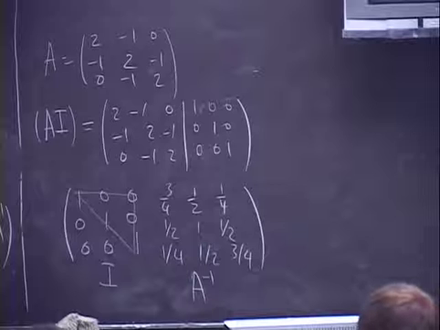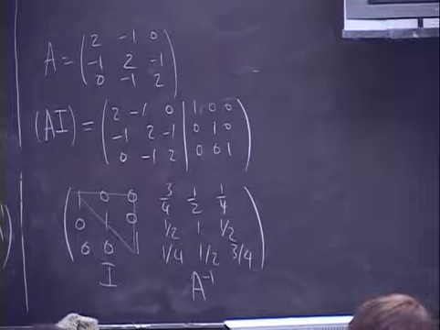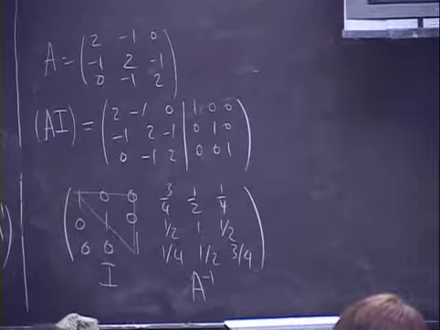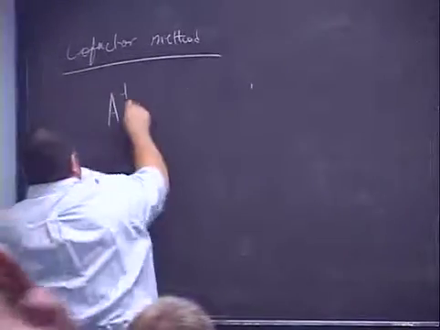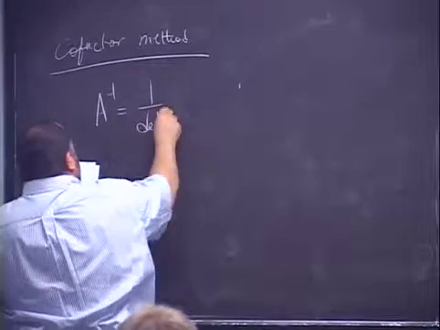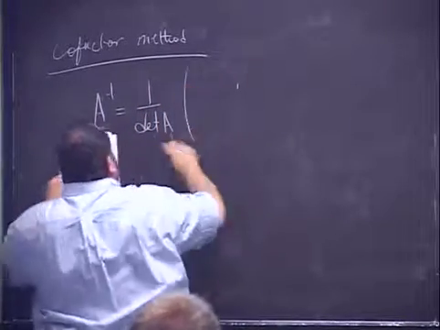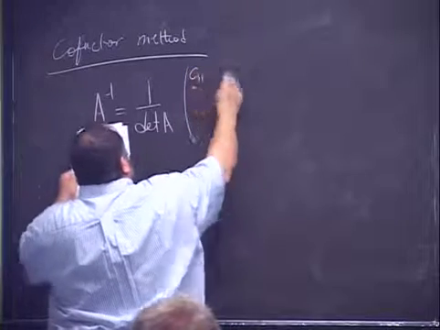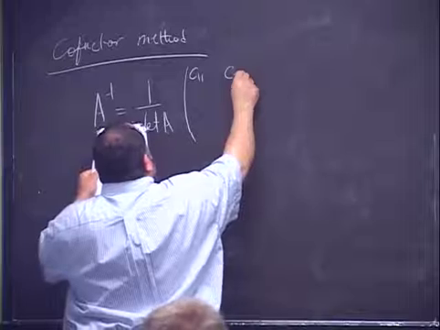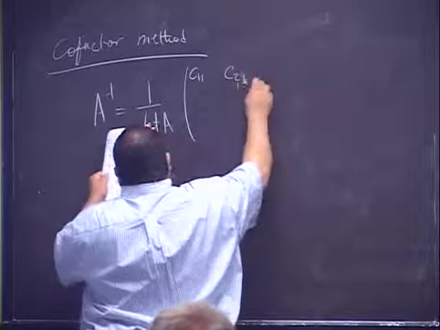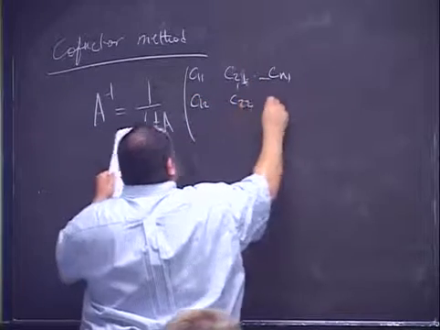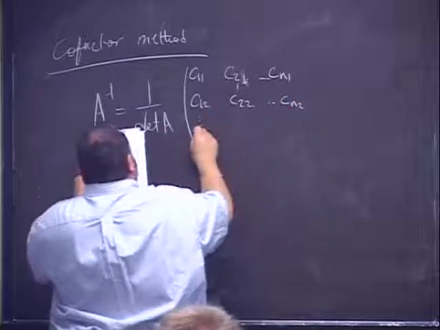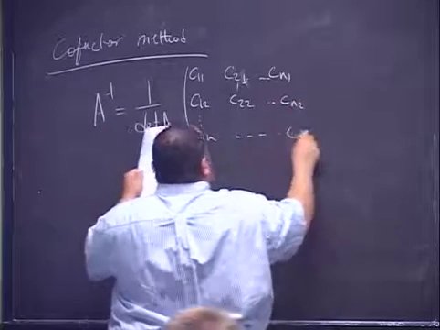The second one is the cofactor method. And this is defined as A^-1 equal to 1 over the determinant of A multiplied by the cofactor matrix. So you get the determinant of A, and then you get the cofactor matrix: C11, C21, up to Cn1, C12, C22, up to Cn2, and C1n up to Cnn.